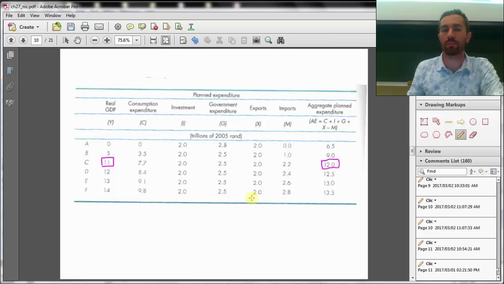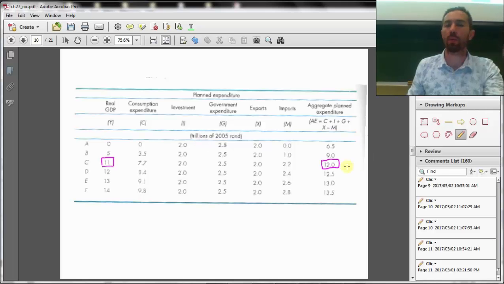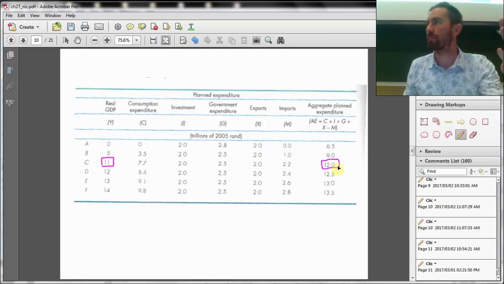Okay? If we only produced 11 of GDP to the value of 11, this is our actual GDP, this is what we actually produced. If we only actually produced 11, how can we spend a value of 12? Okay? That's the question here. We only produced 11, right? But somehow we managed to buy 12. Okay?